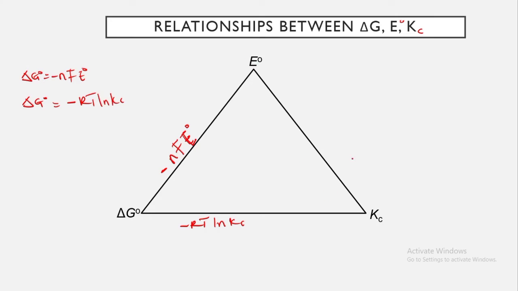We established it to be RT over NF ln Kc. So we have that our E naught is equal to RT over NF ln Kc. So these are the relationships that you need to know. The three relationships. It's very important to know the relationship of these, right? It's very important.